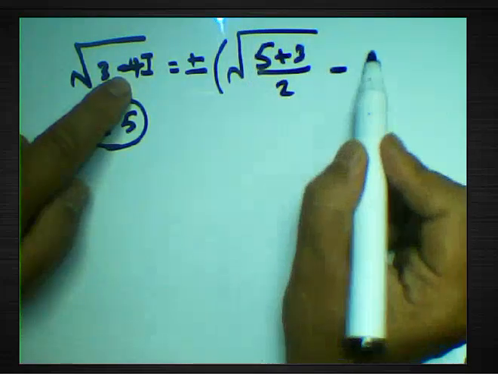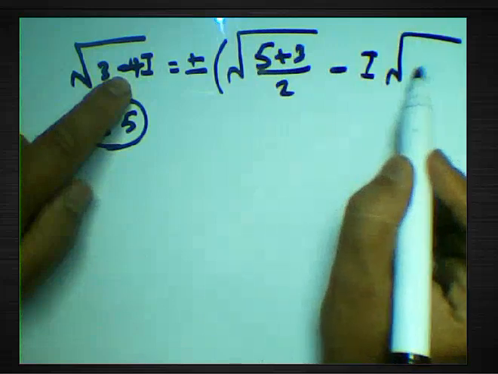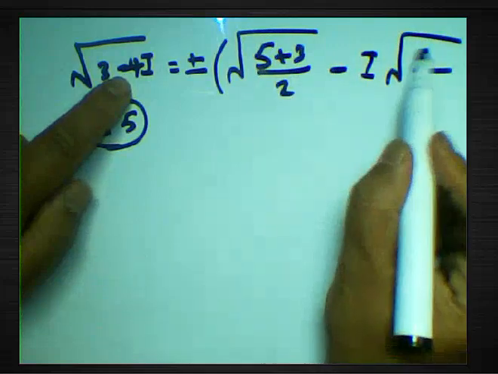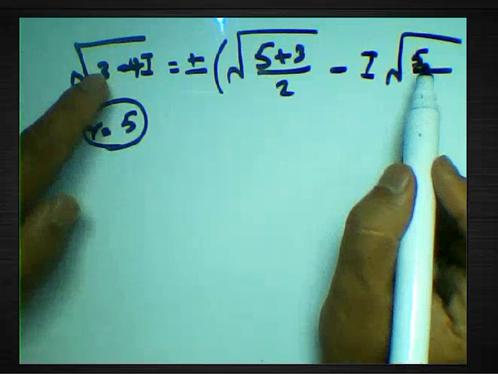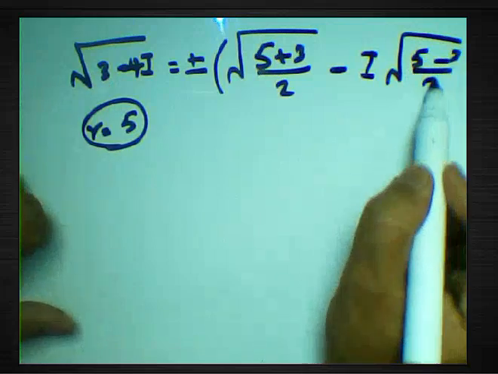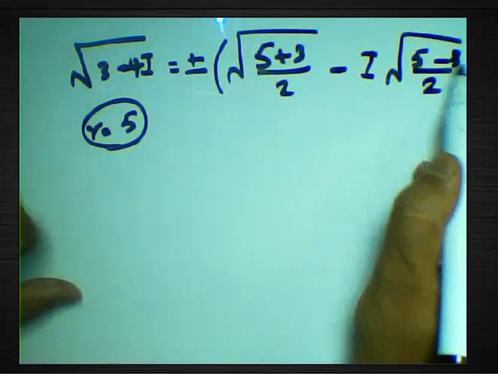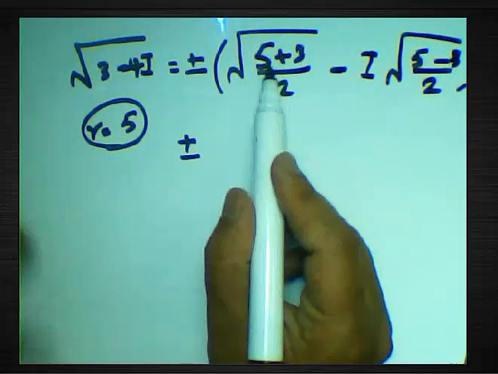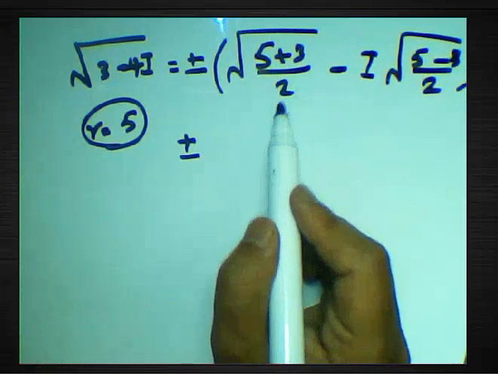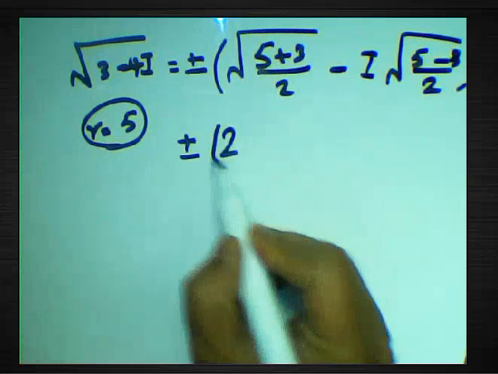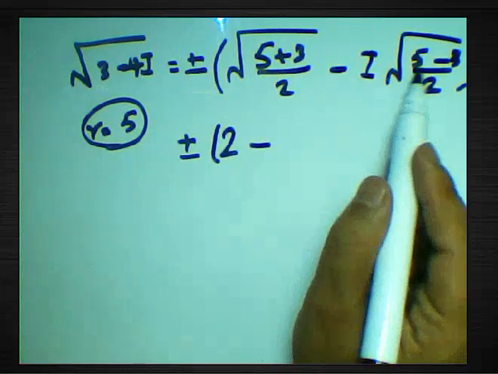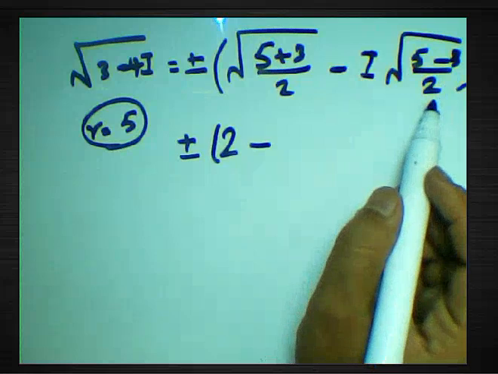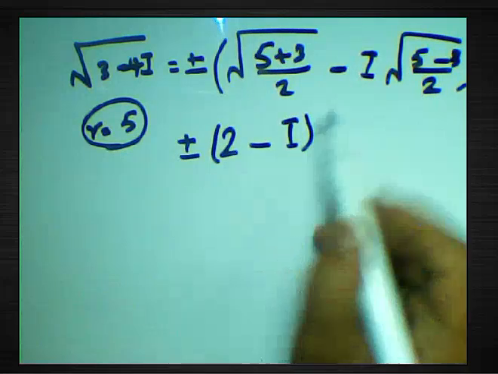Negative here. Write r, square root of the difference between 5 and 3, divided by 2. The result will be positive or negative. 8 divided by 2 equal 4, square root of 4 equal 2, negative here. 5 minus 3 equal 2, 2 divided by 2 equal 1, 1 times i equal i, because square root of 1 equal 1.